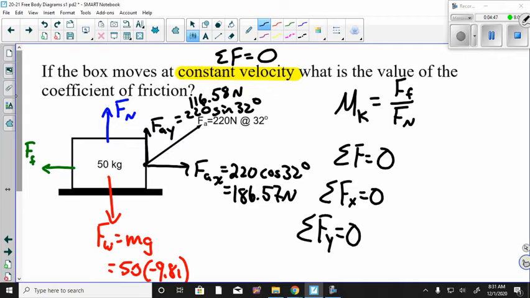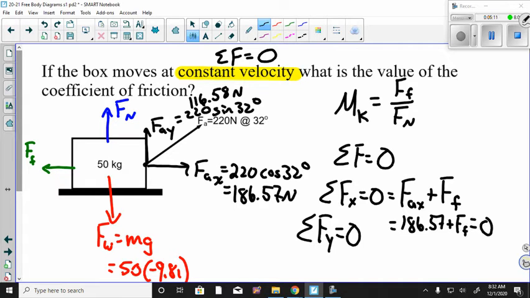The friction force is the easier one, because in the x direction, the two forces are the applied force and the friction force. So I know the applied force is 186.57 plus the friction force, which has to add up to 0. So those two forces must be opposite each other.